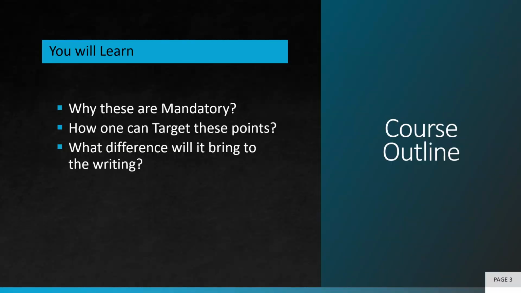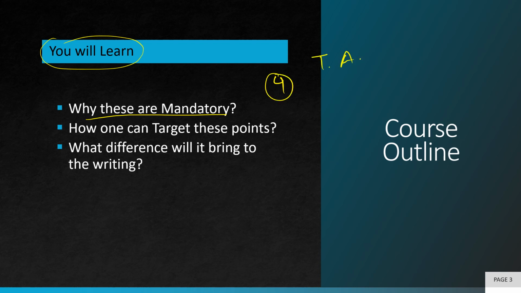Next is, after completing this video, you are going to learn why these four points that I have written in the previous slide, that is task achievement, coherence and cohesion, GRA, and lexical resources, are mandatory. Why are all these four things important? You will get the answer to all these questions. How can one target them?